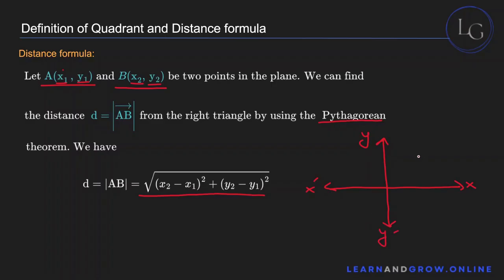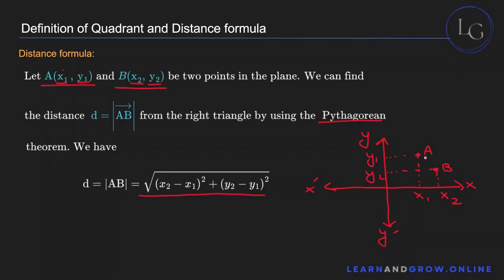Say you have this point here as point A, and this is x1 and this is y1, right? And say you have this point B over here, and this is x2 and this is y2.